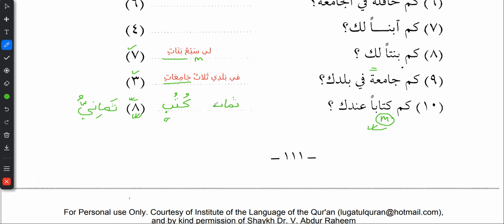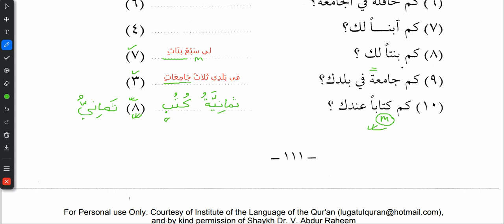Samaniyatu. So there will be no deletion of ya because there is a ta marbuta there. Samaniyatu kutubin. So this is your gender of the number.